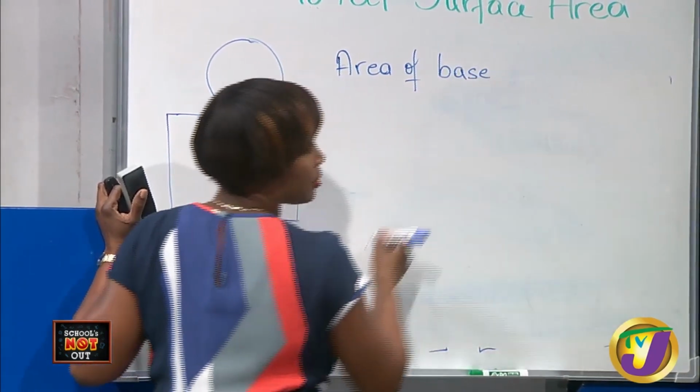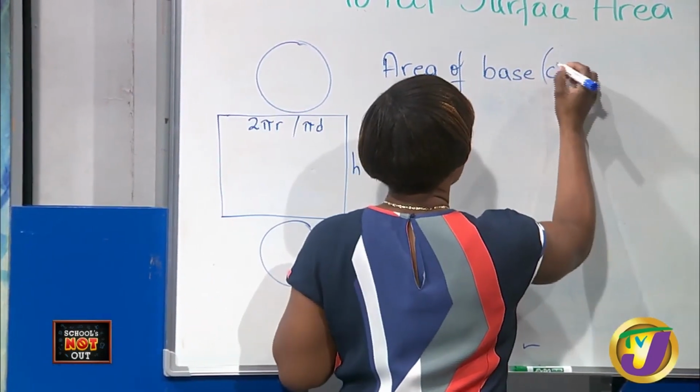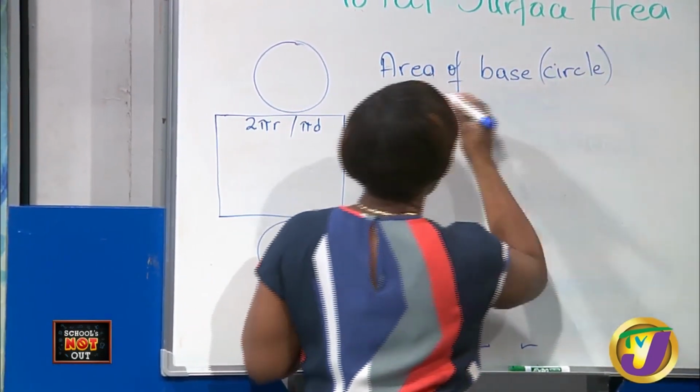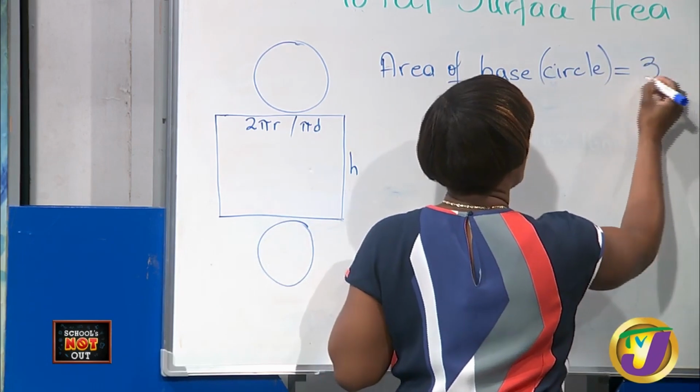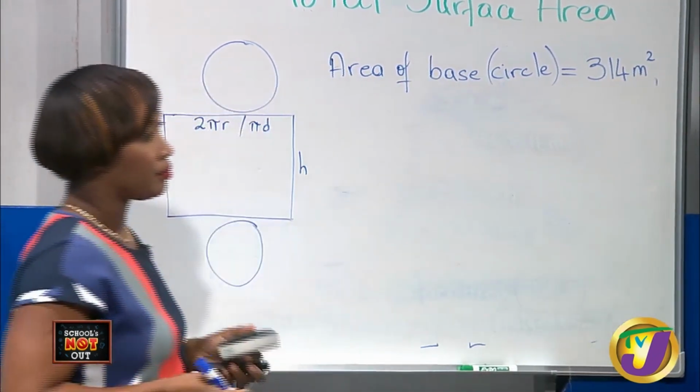Remember what shape the base is? The base is a circle. We're just going to put it in brackets here. The area of the base is equal to 314 squared meters.